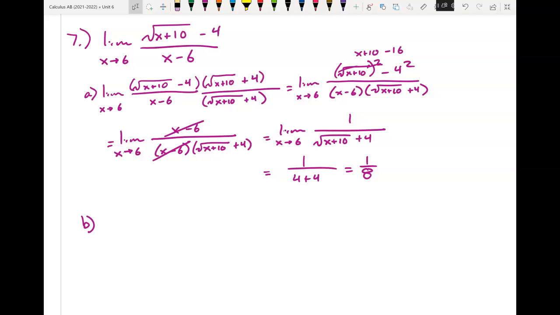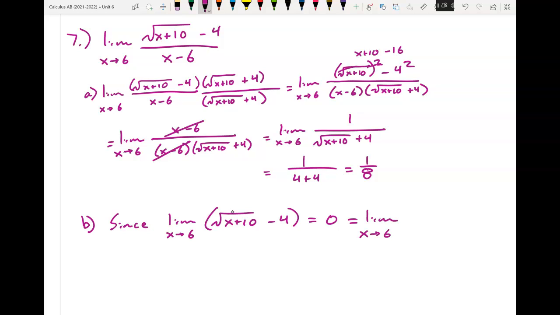So L'Hopital's rule now, we should get the same result of 1/8. We want to go ahead and start with that. You can call it a limit sandwich or a zero sandwich. But we have the limit of the numerator, the square root of x plus 10 minus 4, equals 0, which equals the limit of the denominator, x minus 6.